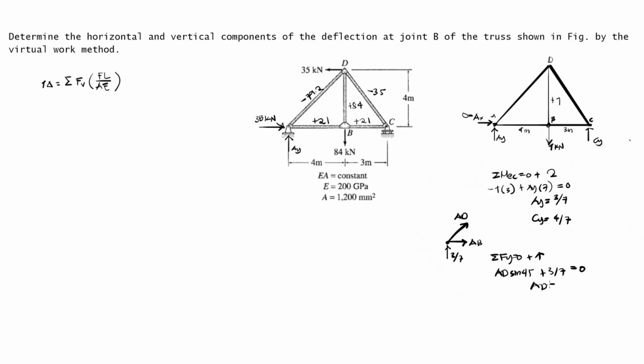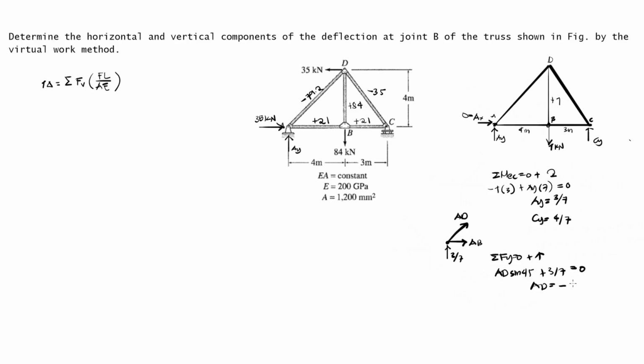So, ang AD natin ngayon is negative 3 all over 7 divided by sine 45 degrees. Okay? So, ang lalabas na sagot natin is 3 square root of 2 all over 7.